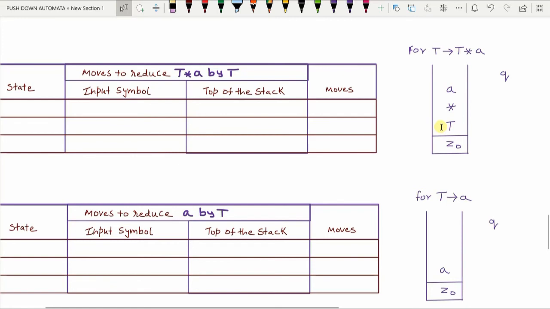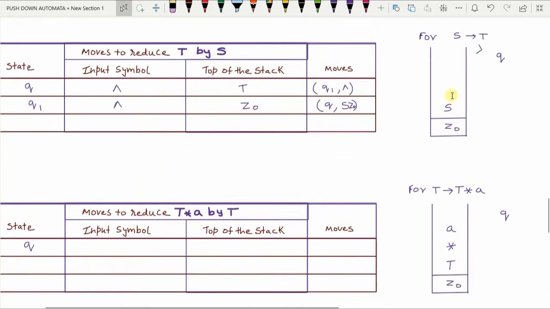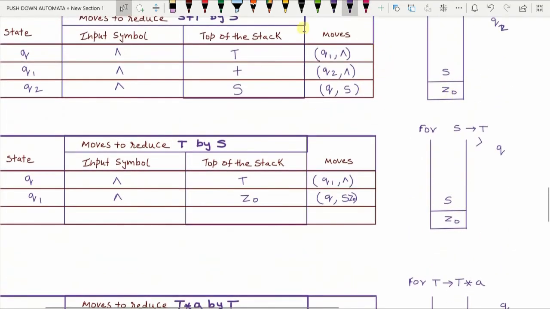So initially again I will be starting from state Q. One thing I forgot to tell you, please note, only the initial state will be the same, but the other states, for example here Q1 and Q2, we have already labeled them as Q1 and Q2. So this state over here should not have the same label name, it should be something else. So if this is Q1 Q2, I can write this as Q3.